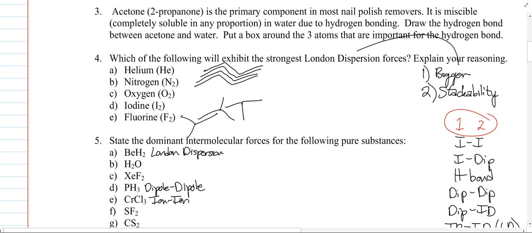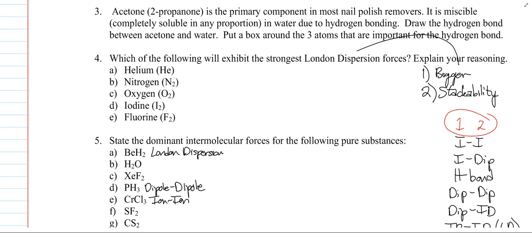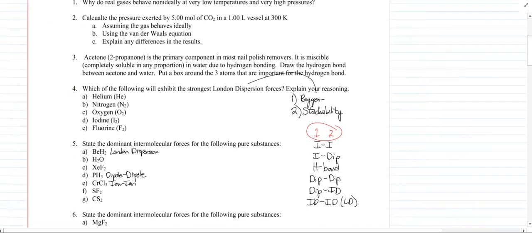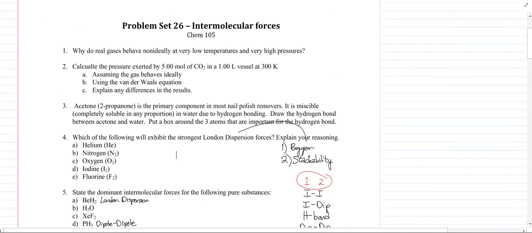These are the same size, so then I would look at stackability, and this one is much more stackable. For this problem, they're all just diatomic molecules except for the helium, so you're pretty much just going to be looking at size. But that'll help you with figuring out the strength of London dispersion forces.